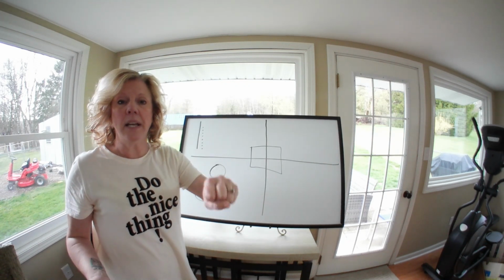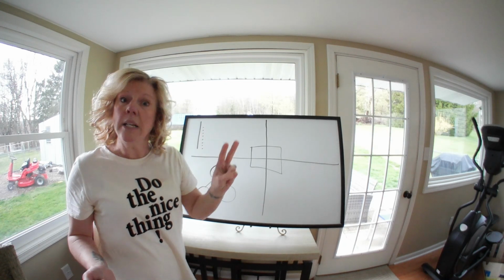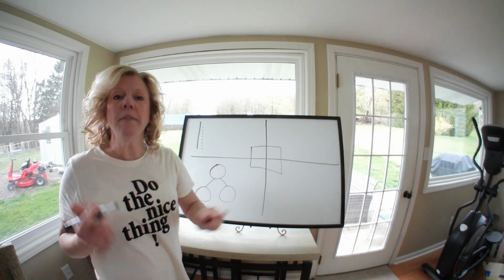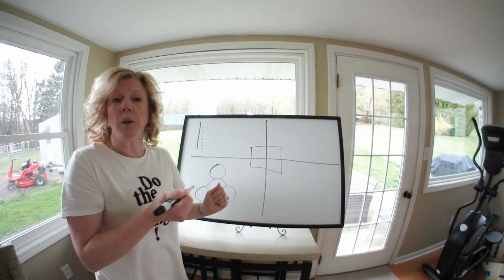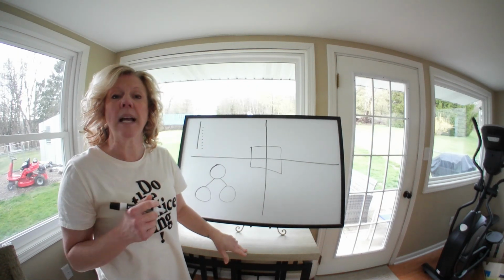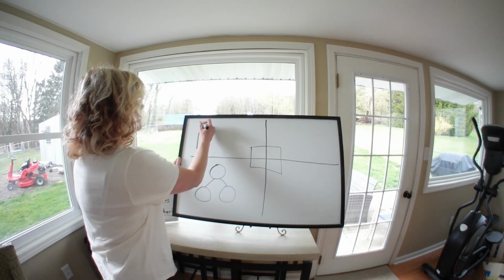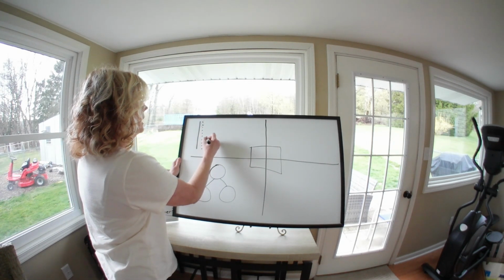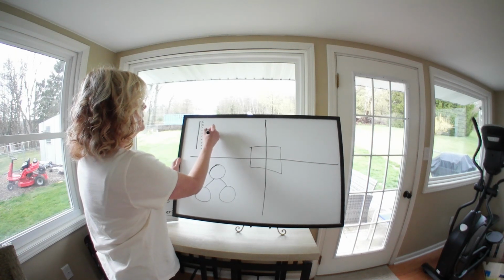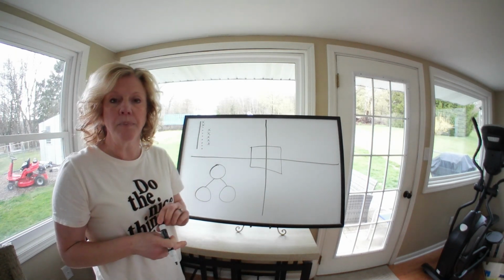Well, let's see. 8, 9, 10. I need 2 more. So I know out of those 7 that she had in her pocket, we're going to draw 2 of them there, and I'm going to use X's to do that. So watch this. 1, 2, 3, 4, 5, 6, 7. Go ahead and draw those.